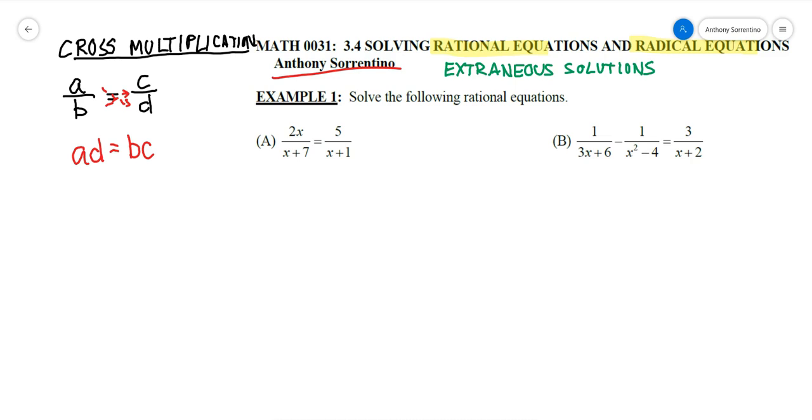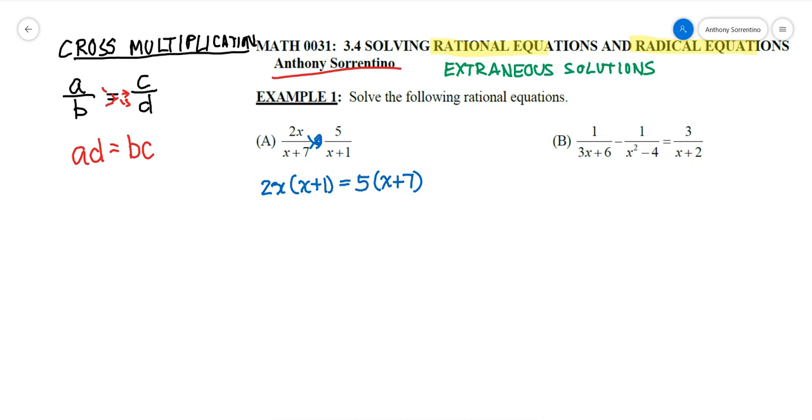So if I wanted to solve A, I would do 2x times x plus 1, and that would equal 5 times x plus 7. One of the first things I want to do when I have a situation where I have x's in the denominators is get them out of the denominator when I'm trying to solve them. And cross multiplication allows for that to happen.